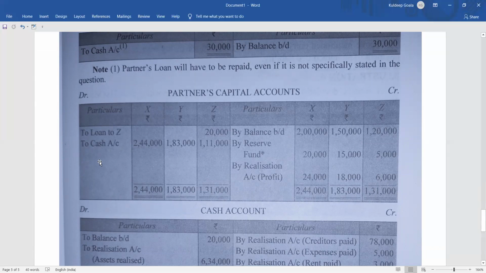It may be in the credit side also, and we will study how in the video where we study about the sum. We can see that X is 2,44,000, Y is 1,83,000, and Z is 1,11,000.